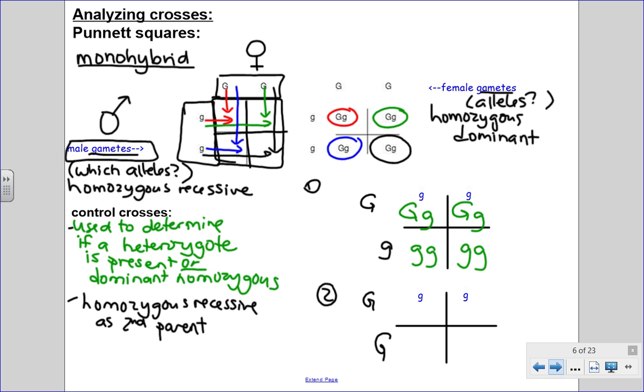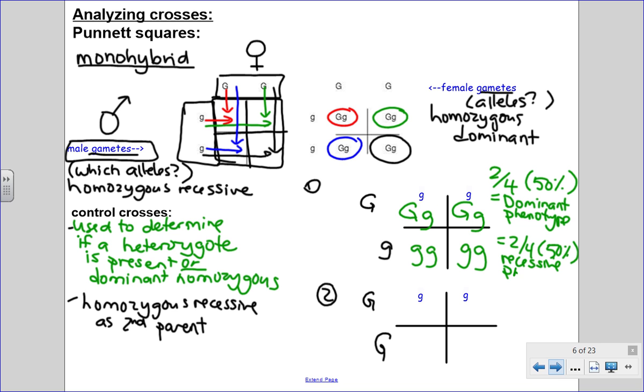So I would see 2 out of 4, which is the same as 50%, have the dominant phenotype. And I would see 2 out of 4, which is 50%, have the recessive phenotype. So half of them should show the dominant characteristic and half of them should show the recessive one.